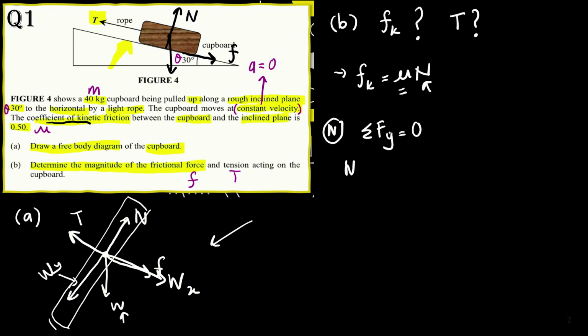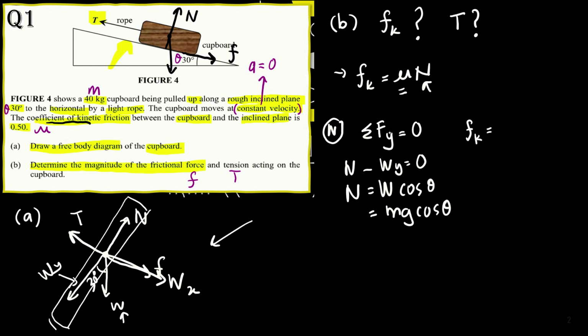So we have normal minus Wy is equal to 0, and normal is equal to Wy. Our angle here is 30 degrees, which means that Wy is W cos theta, so it is equal to mg cos theta. So our frictional force is equal to mu N, and N is mg cos theta.